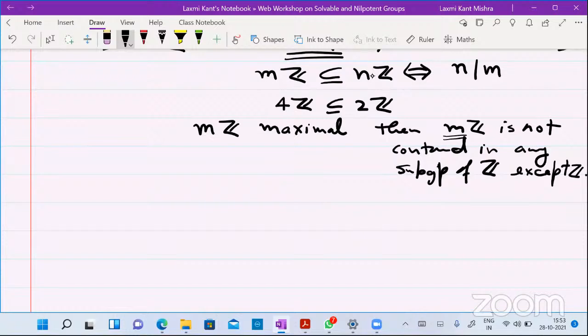So M has no proper divisor. That means M is prime.